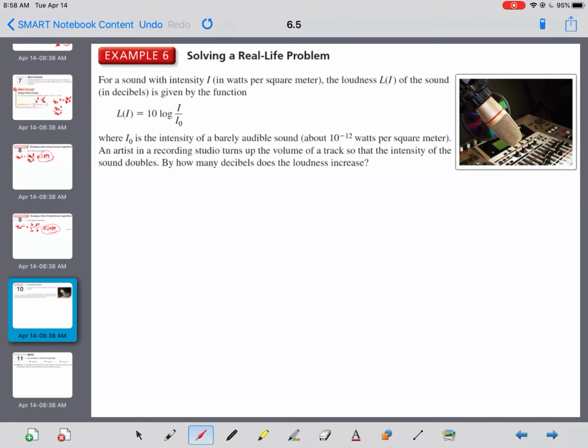So we need to know a difference. What was it originally, and what is it now? Originally, you use this, technically this part of this. If we want to double the sound, double the intensity, the intensity of the sound doubles.